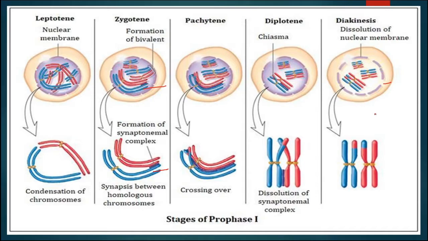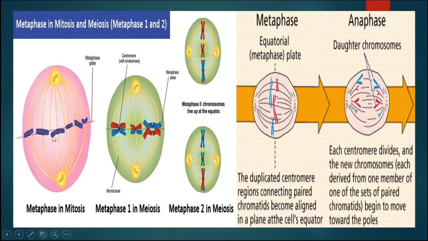These two cells will give rise to two cells each, and finally we will get 4 cells with haploid number of chromosomes, and in this way meiosis will complete.